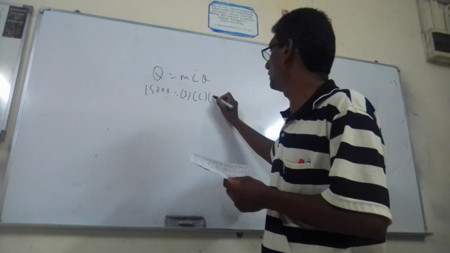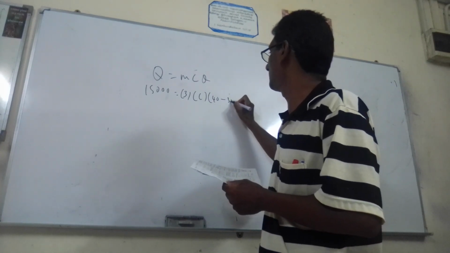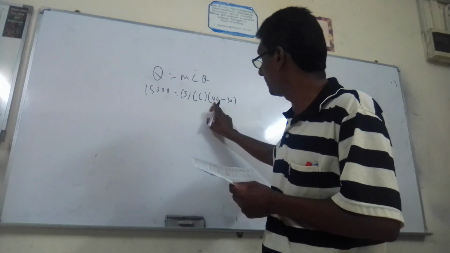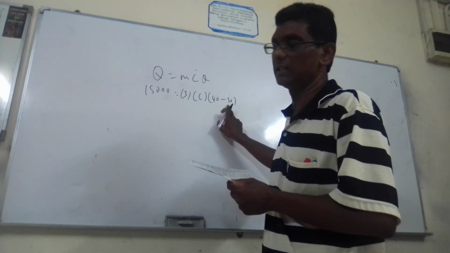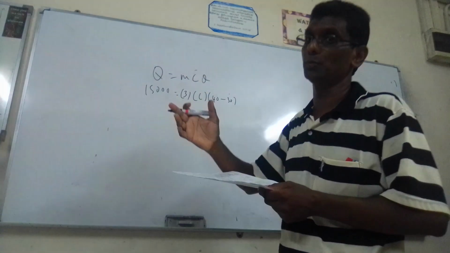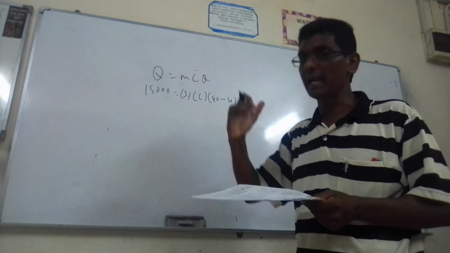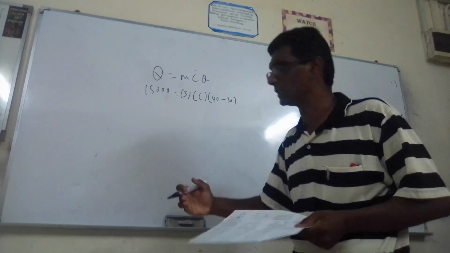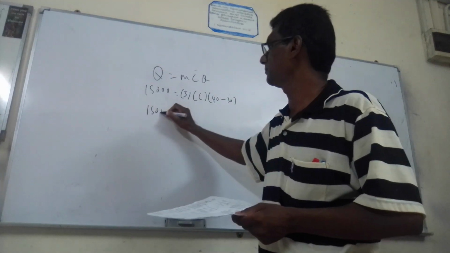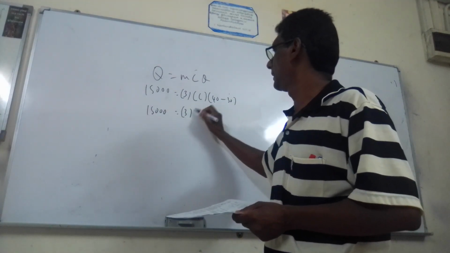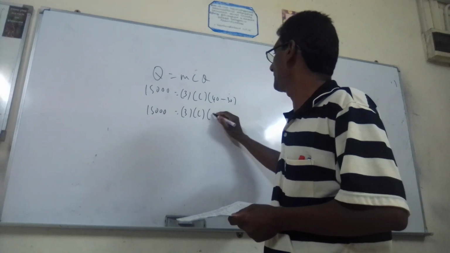The temperature rise is from 30 to 40: higher temperature minus lower temperature. Theta means the difference in temperature, as I told you last week. So 15,000 equals 3 times c times 10, since 40 minus 30 is 10.